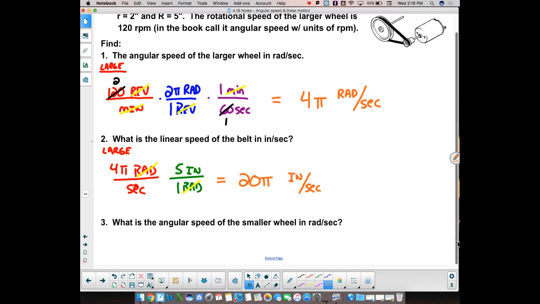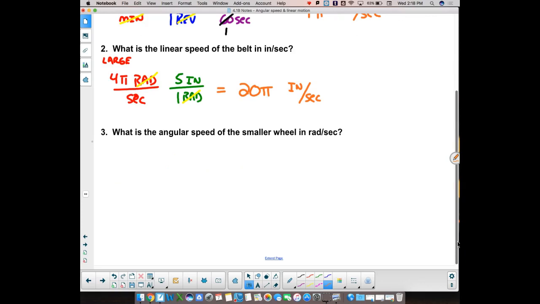Now it's asking me for the angular speed of the smaller wheel in radians per second.